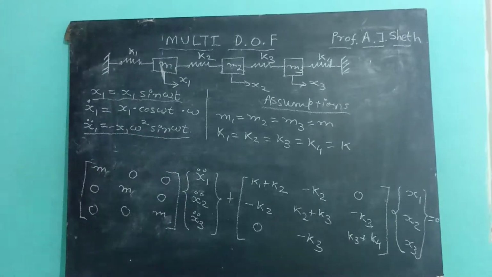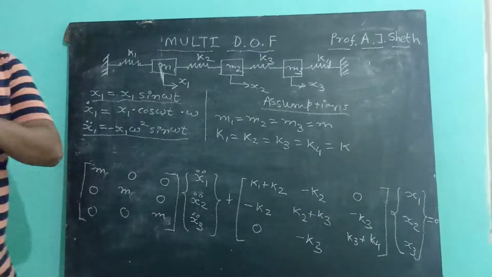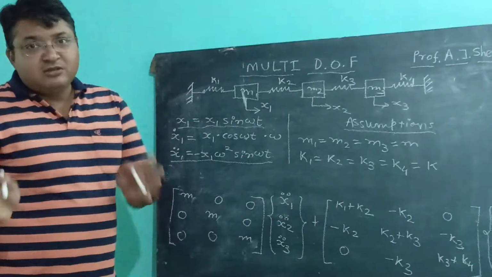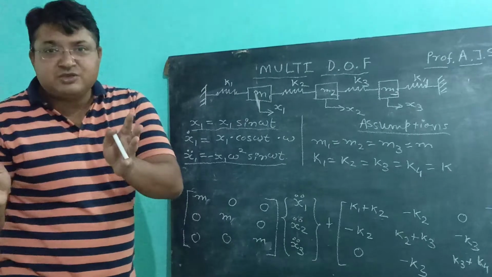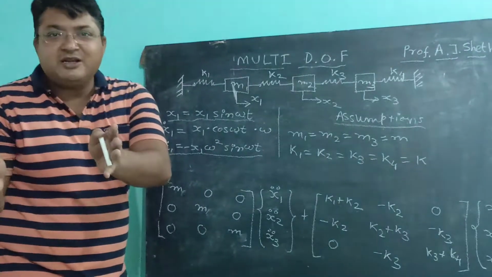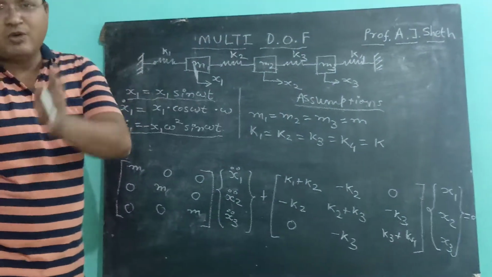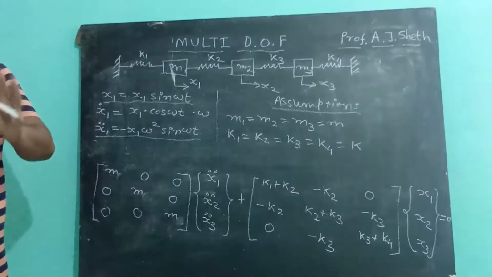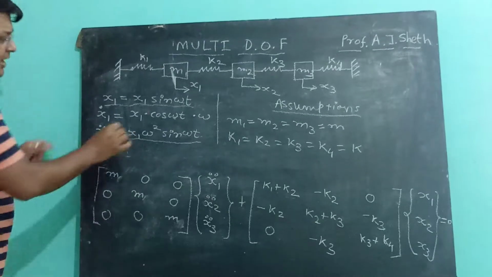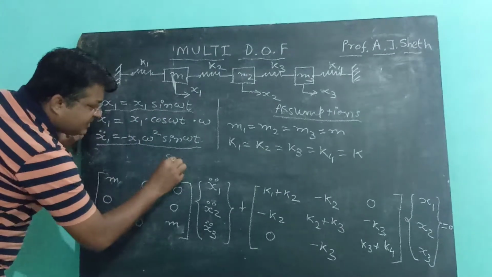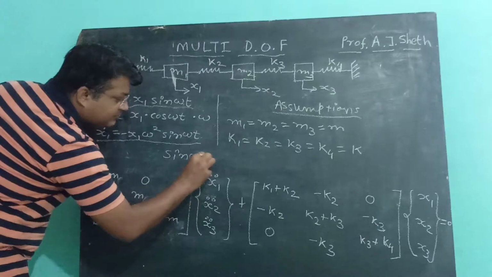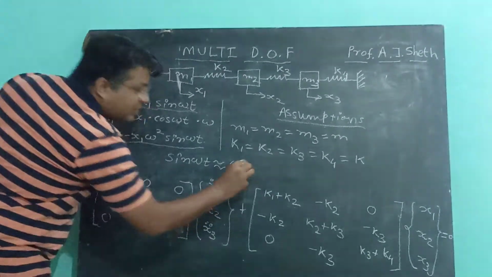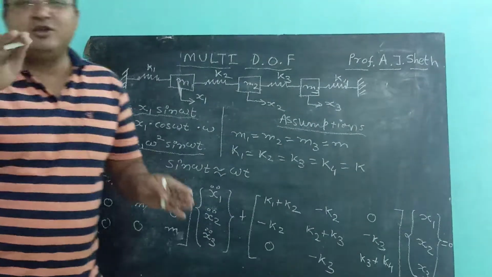Acceleration. Now for very small displacement, because if larger displacement is there, the entire system shifts from linear condition to non-linear condition. So to avoid this, we are going to assume a very small displacement. Now for very small displacement, sine omega t is equivalent to omega t, or sine theta is equivalent to theta.